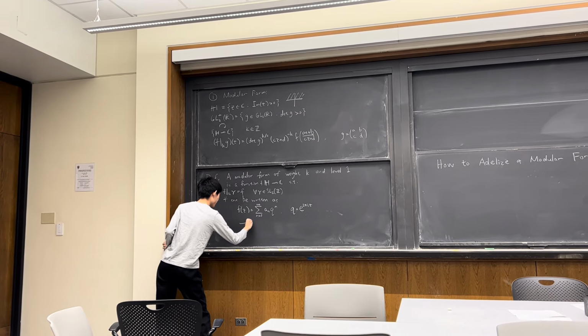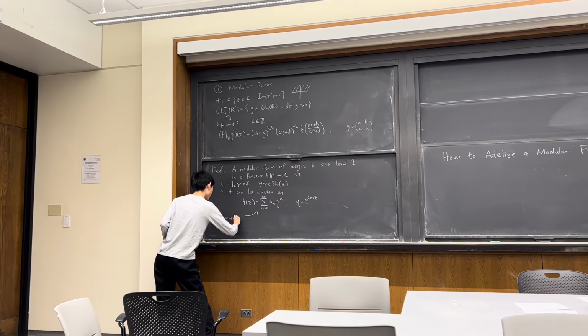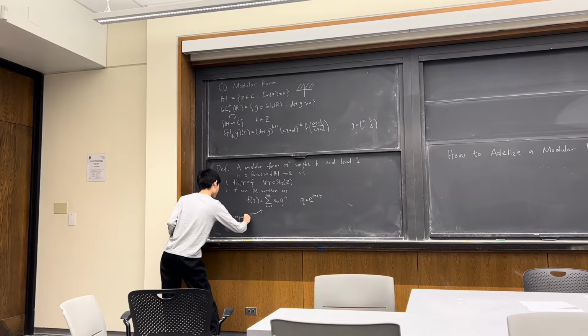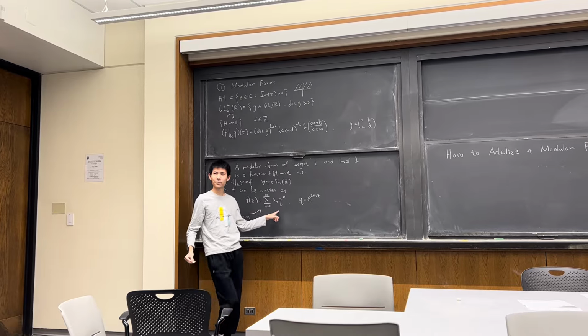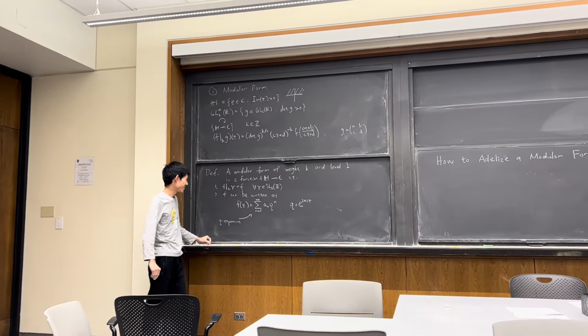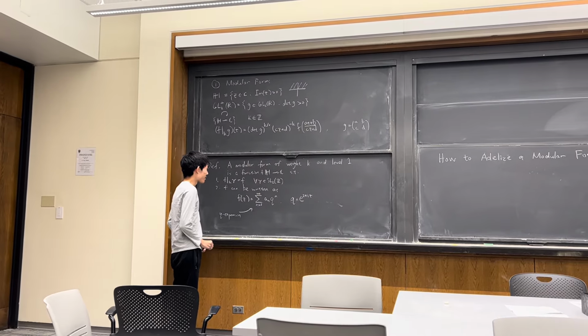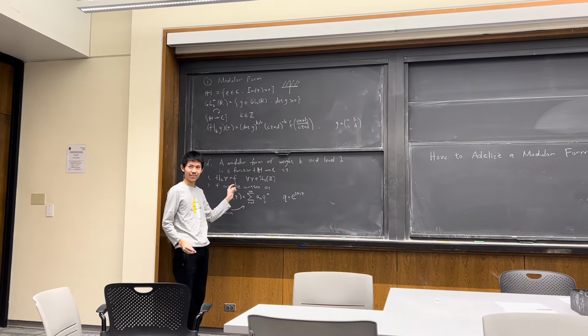So this thing is called the q expansion. If you know Fourier analysis, then this is basically also a Fourier expansion, but in modular forms they like to call it a q expansion. Okay, that's what a modular form is.